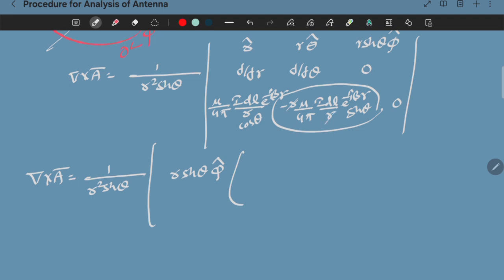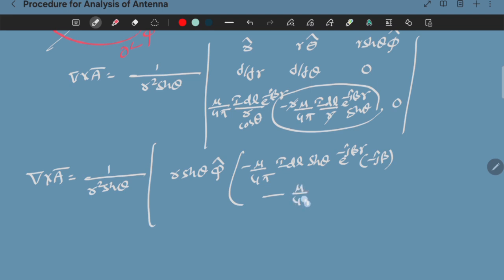Now the differentiation will be like this: minus μ/4π · Idl sinθ · e^(-jβr), differentiation is e^(-jβr) times minus jβ. Then minus the differentiation of this entire thing with respect to theta we have to do.